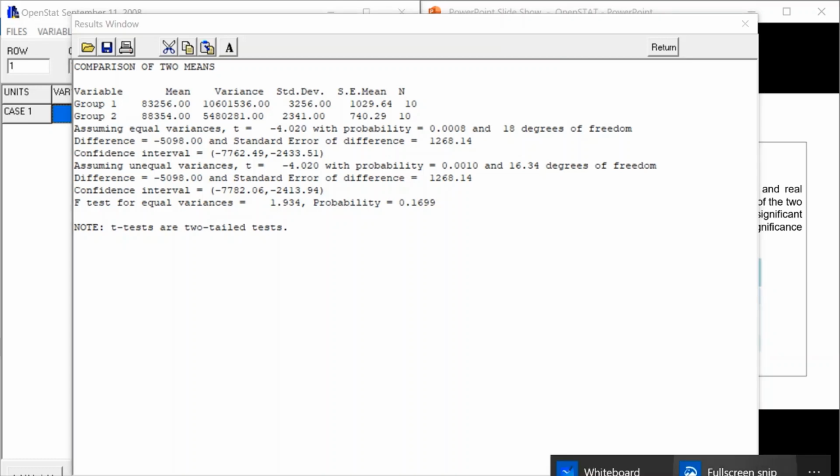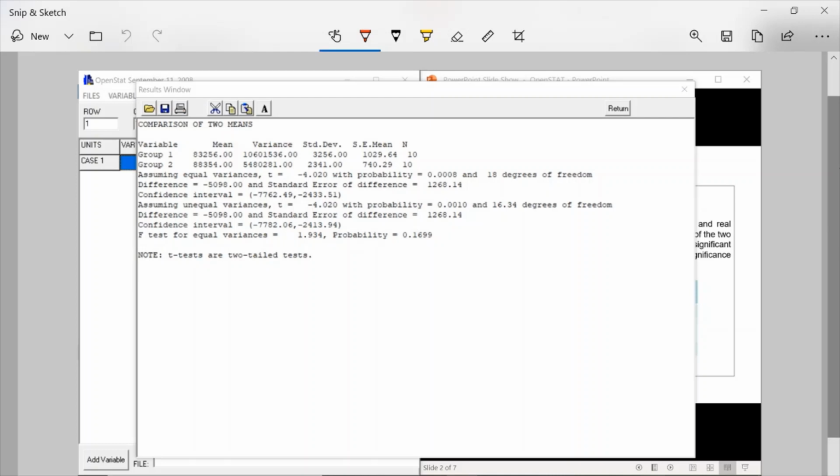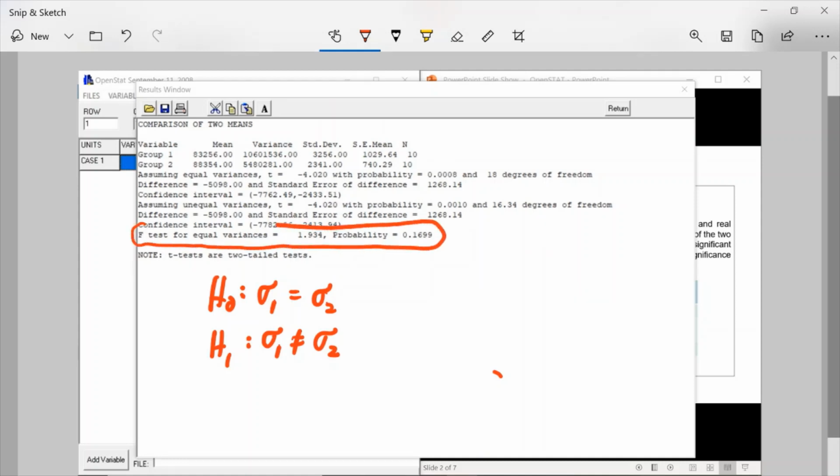To use the result, first of all, you need to test for the population's variance. In order to test this hypothesis, you will have to use the F-test. This is the test statistic.